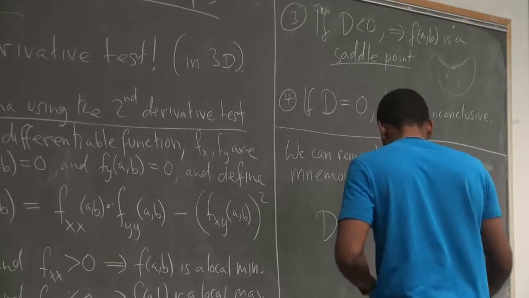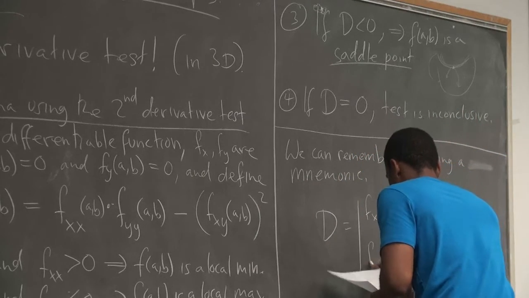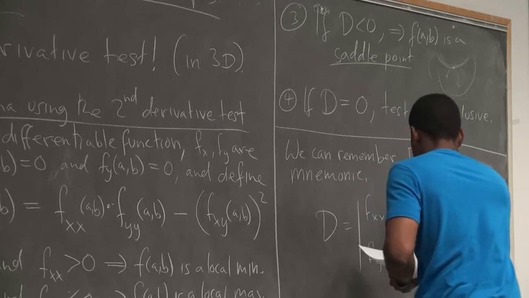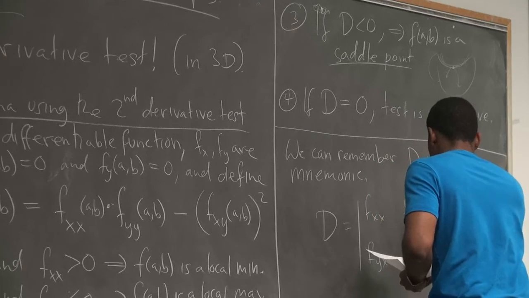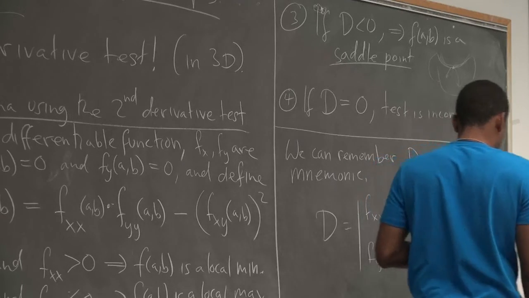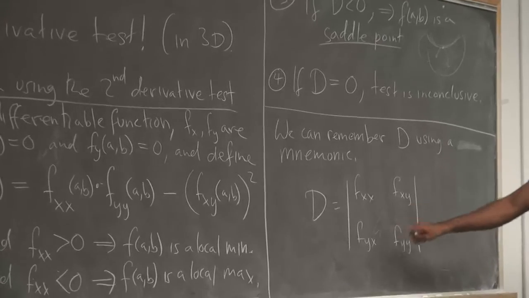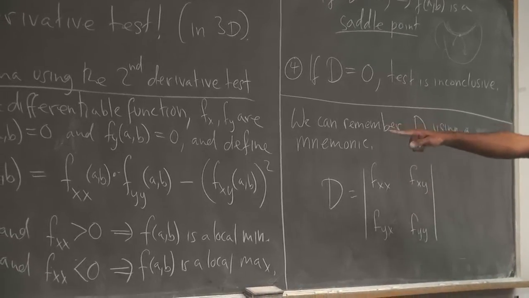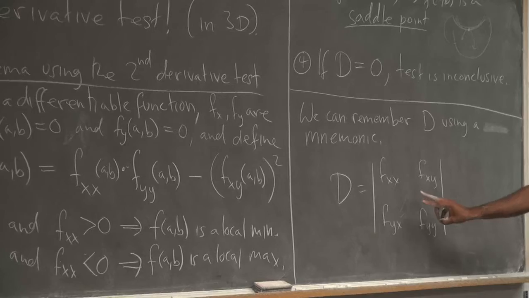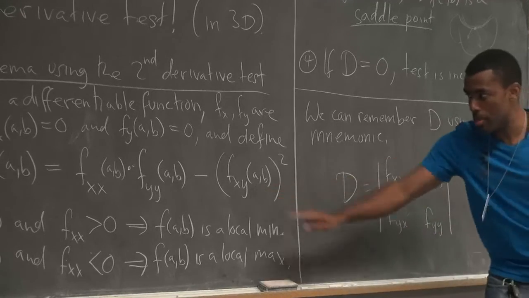D is equal to fxx, fyy, by that guy. Sort of the 2 by 2 determinant, where you remember you multiply this minus you multiply that. Right? This and that are equal because we know that these guys are continuous. So Clairaut's theorem tells us that it doesn't matter if you do the y first or the x first, they're the same.